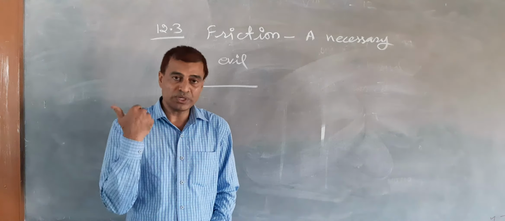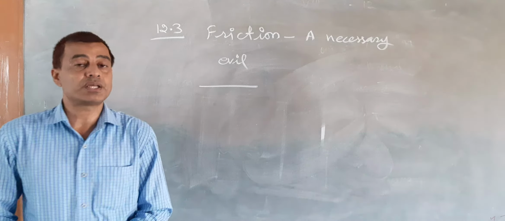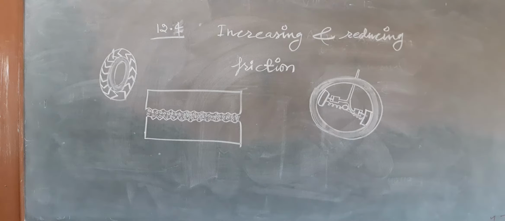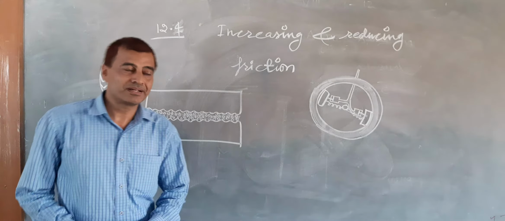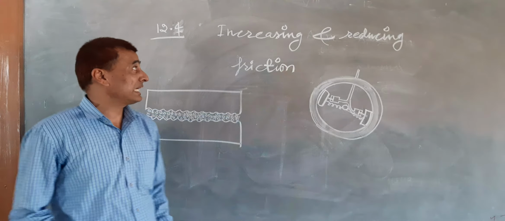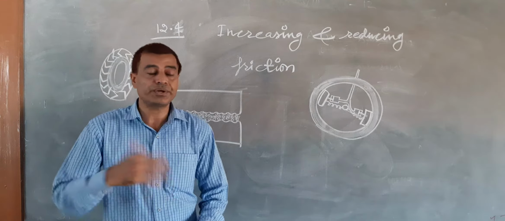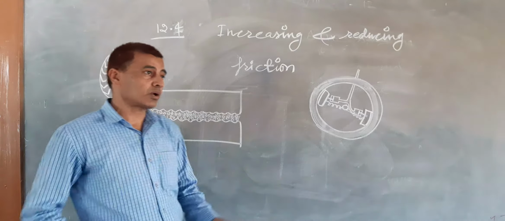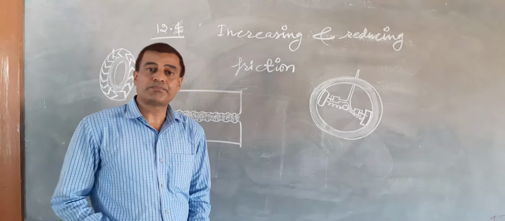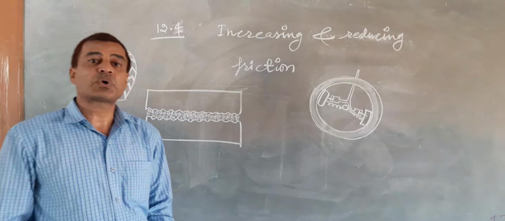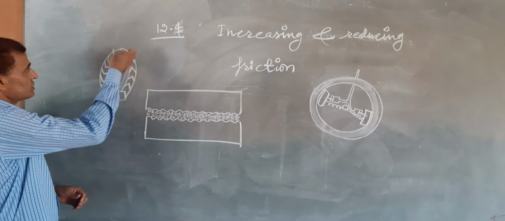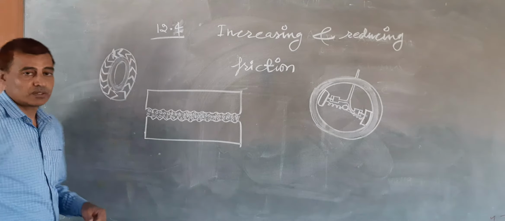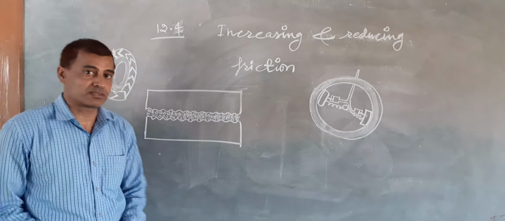Now we will discuss how it can be reduced or increased. Dear children, now we will see how we can increase or reduce friction. First of all, look at the outer layer of the tires of your bike or bicycle or motor car. There are these types of structures, these bulges on the outer surface of the tires.